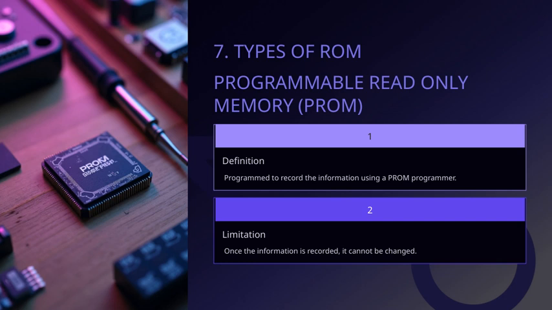This characteristic sets PROM apart from other types of memory that allow reprogramming or rewriting. So, in summary, PROM is a one-time programmable memory device, great for certain applications where data integrity over time is critical, but not suitable if you need to update the stored information later on.